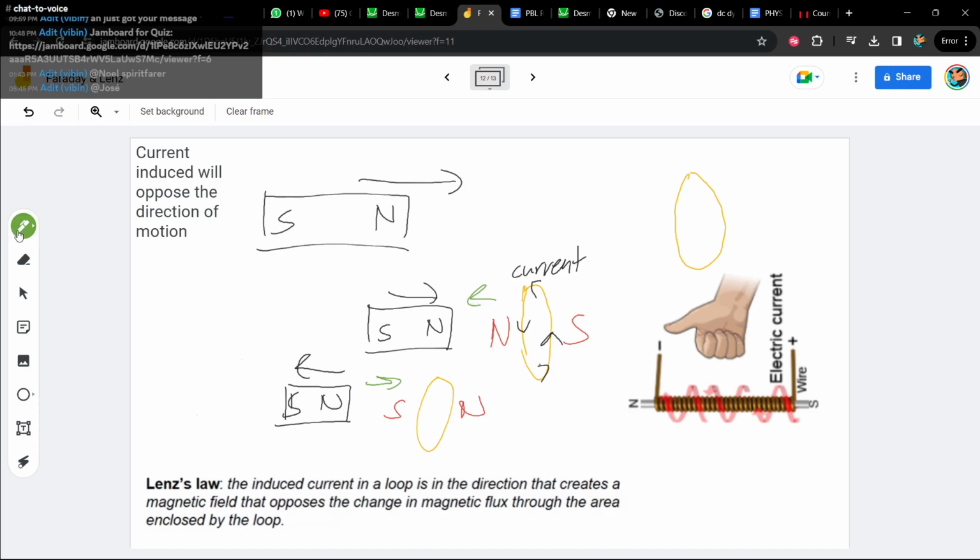When someone you love gets closer, at first you push them away, but then when they start to leave, you wish you had them back. That's basically the best way I can explain it. But yes, that's how Lenz's law works.